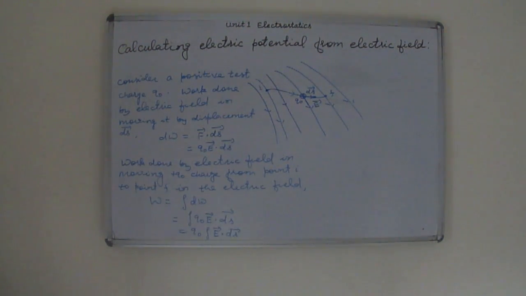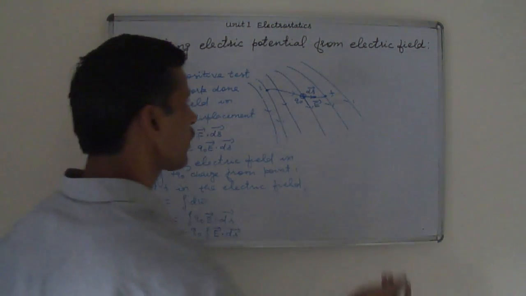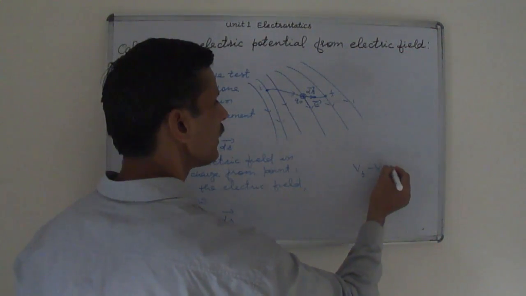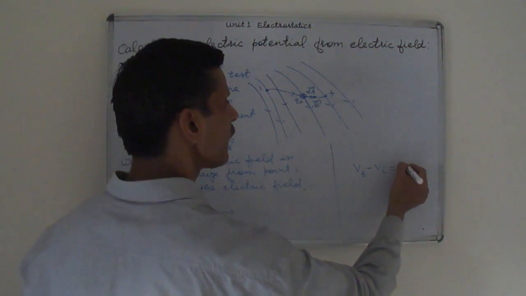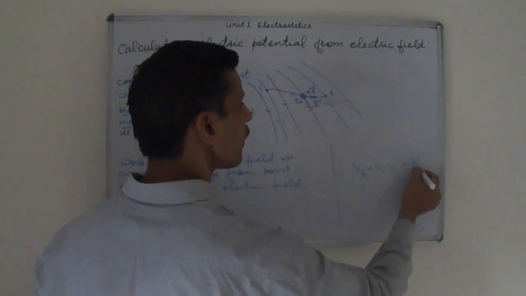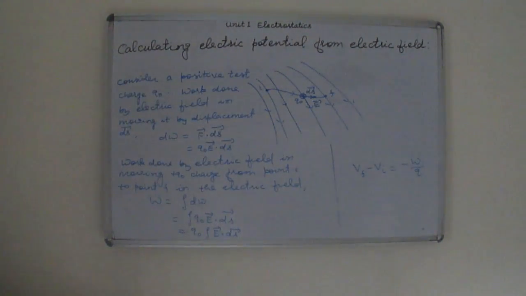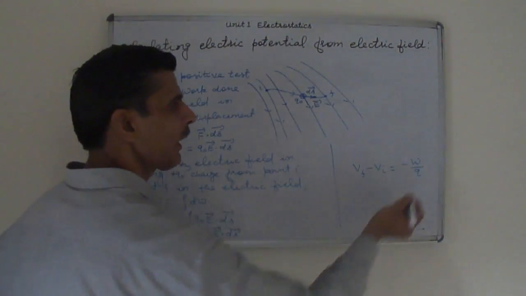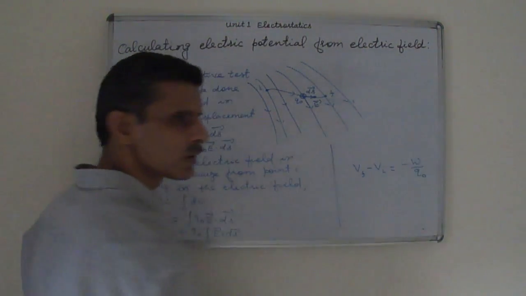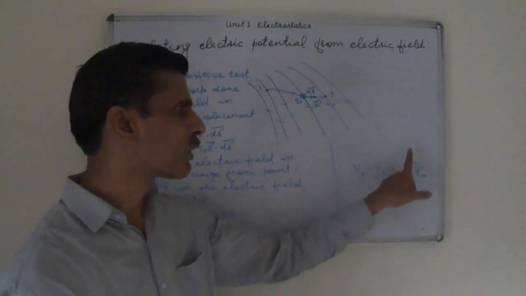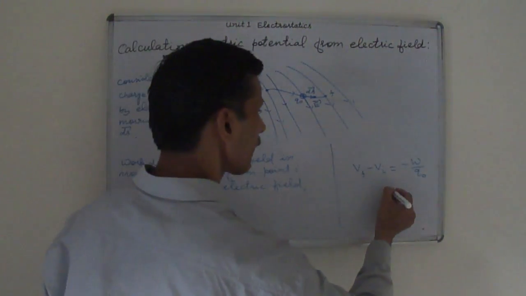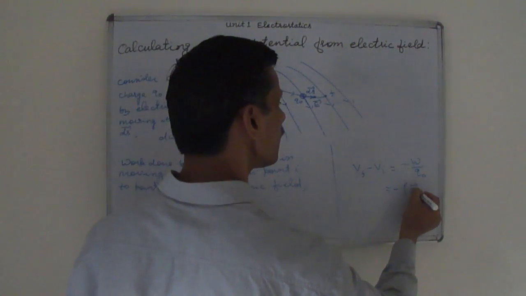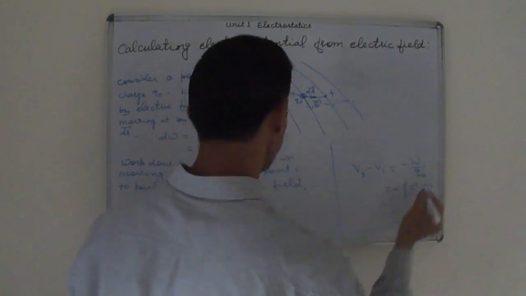This is the work done by electric field, and you know potential difference we have defined Vf minus Vi, it is equal to minus W upon Q, and W we have calculated, so you can put here, and here charge it is Q naught, so Vf minus Vi is equal to minus W upon Q naught, and this is equal to minus integration E dot ds.